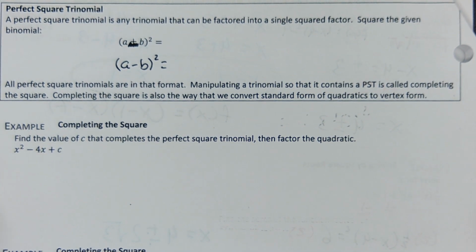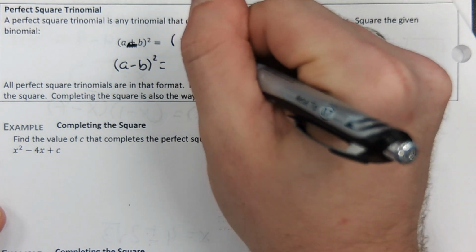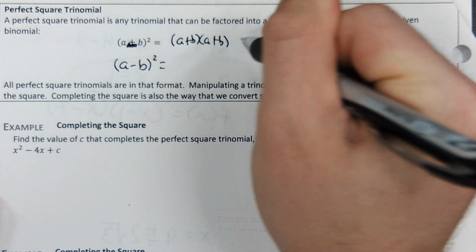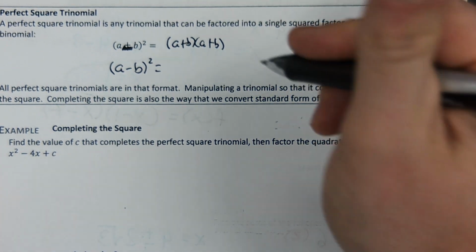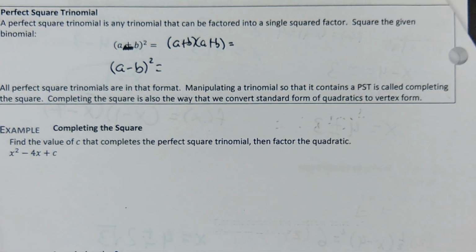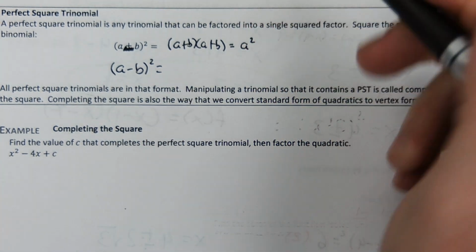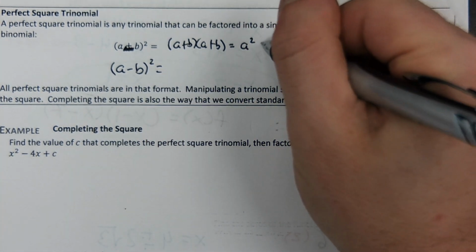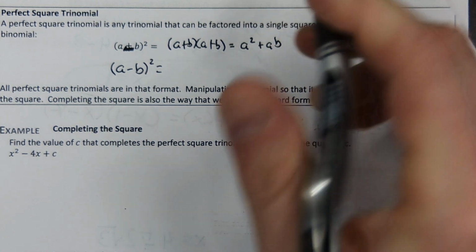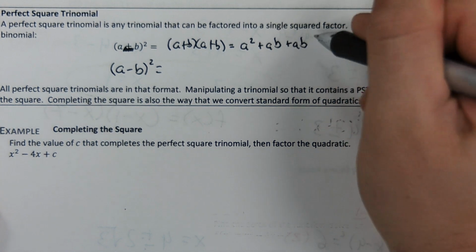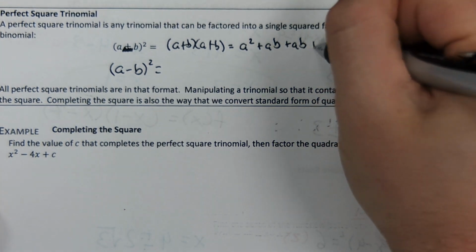A plus b quantity squared is a plus b times a plus b. If you go through the distribution process, we have a times a, a times b, b times a, but keep it alphabetical, b times b.